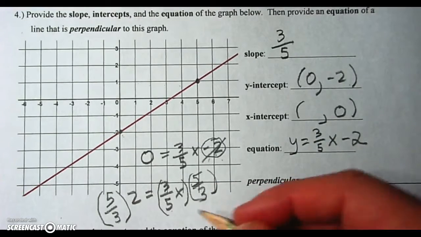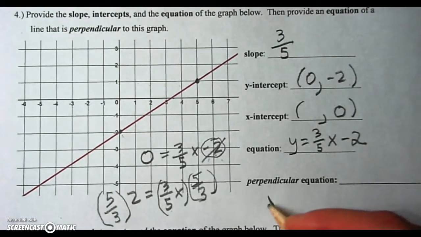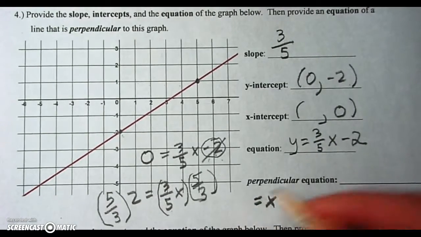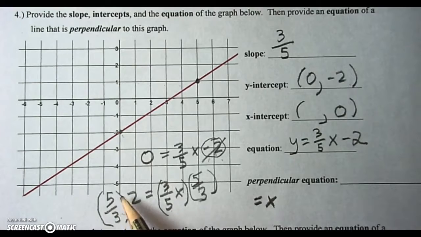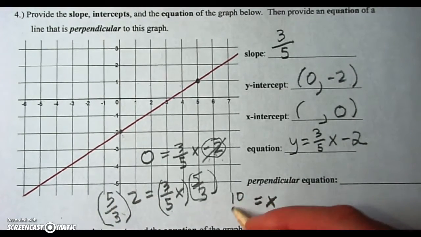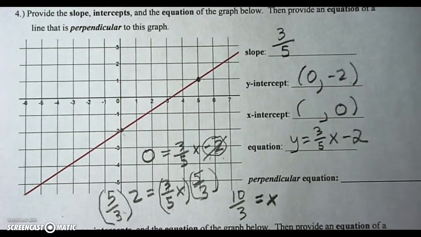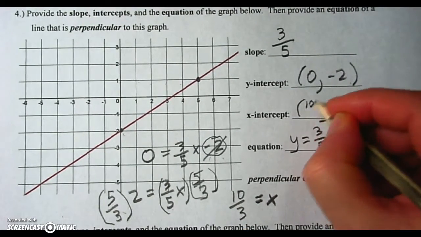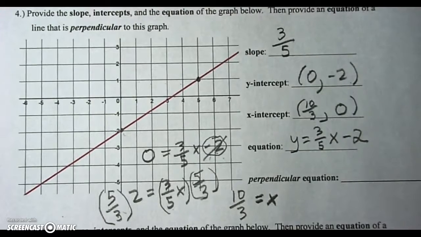So we end up with 1x, which is what we want, equals, on this side, 5 times 2 is 10, divided by 3, so 10 over 3. And that's good enough if we write 10 over 3. We could just leave it like that, that's fine.